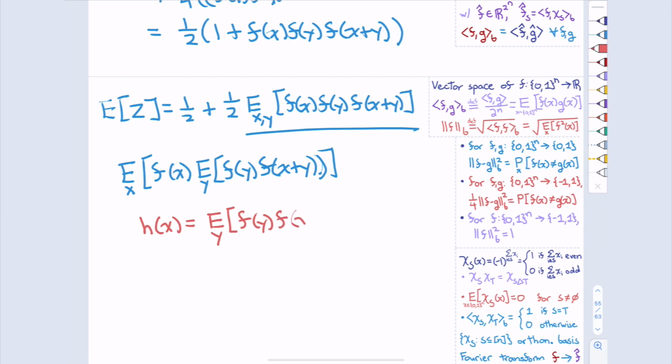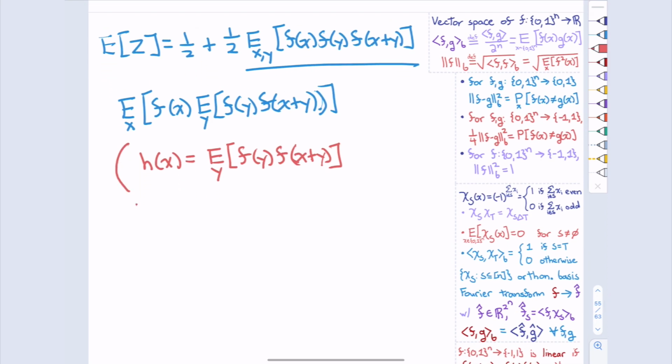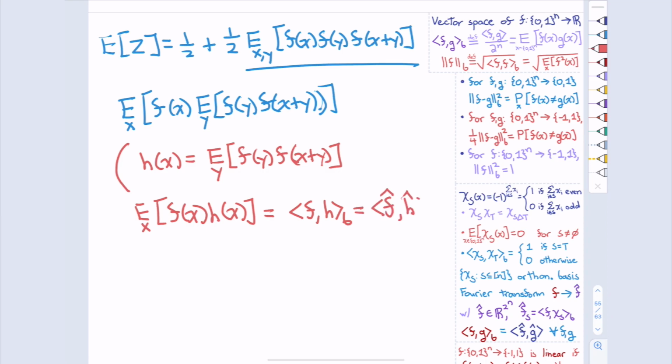F of y, f of x plus y. In that case, this thing is equal to the expected value over x of f of x, h of x, which is the inner product of f and h, and we can do the change of basis like that. All right, good.